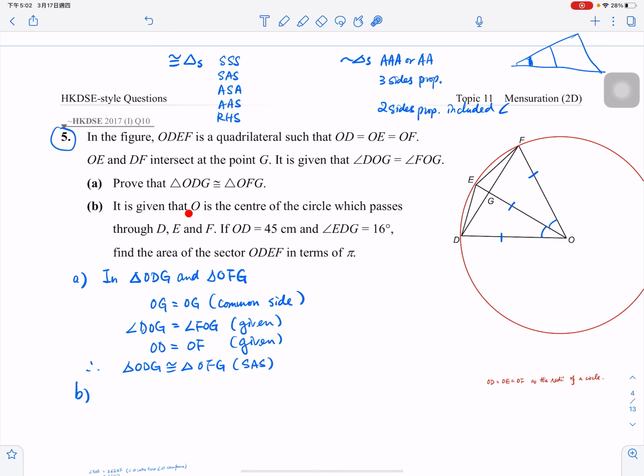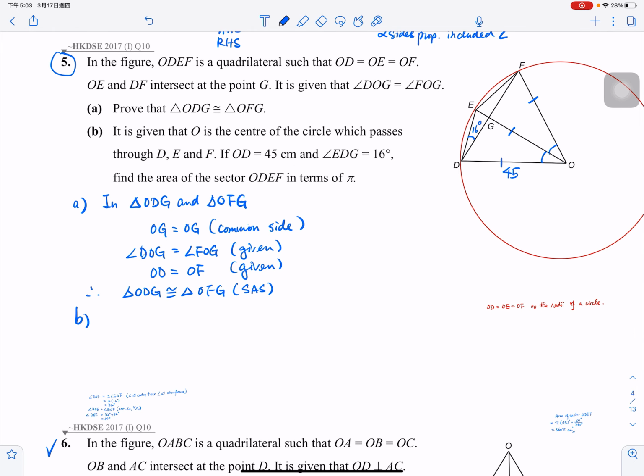Part B. It is given that O is the center of a circle which passes through D, E, F. So you see the red circle here, because O is the center and it passes through D, E and F like this. And now OD is 45, and angle EDG is 16 degrees. Then how to do it?